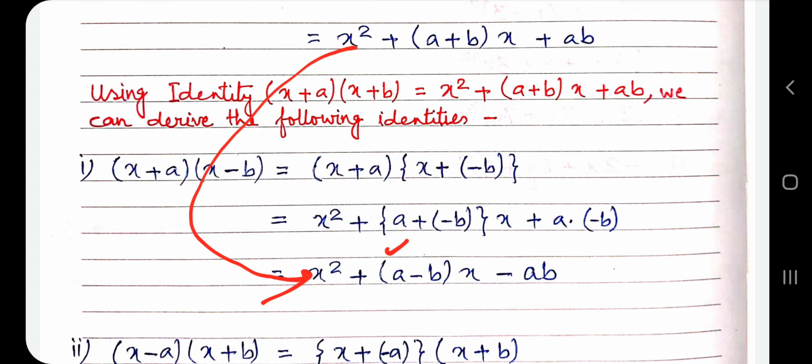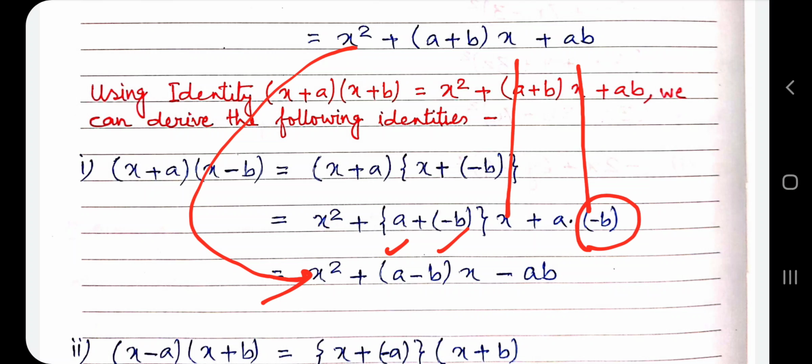So we will write minus b within the bracket, and after the bracket x is written. Then a into b will be written as a into minus b, because here b is replaced with minus b. And what will be the product? x square.